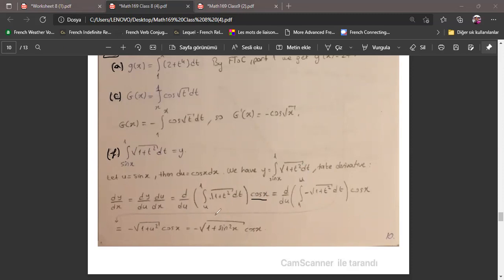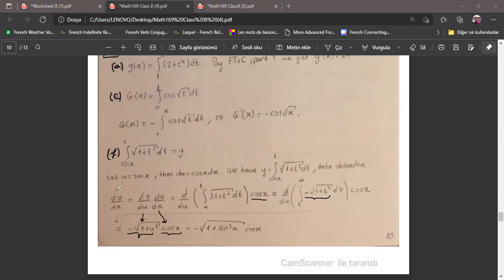with respect to u? It's just plug t equals to u, right? The function inside is continuous, so we can directly plug t equals to u. So we have this. And we had before this multiple cosine x. So this is d over du, this first part, and this is du over dx.